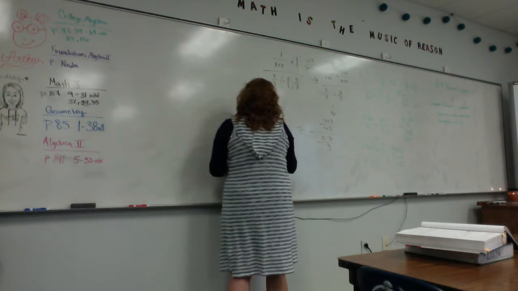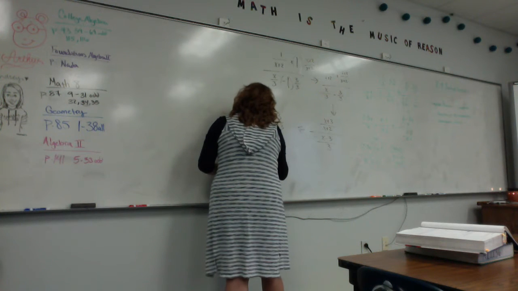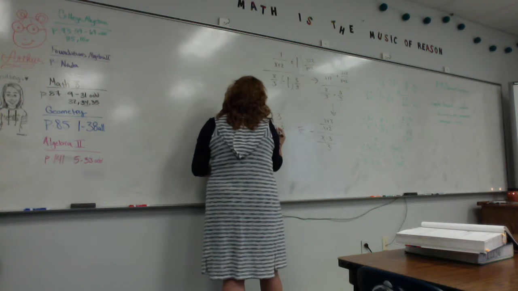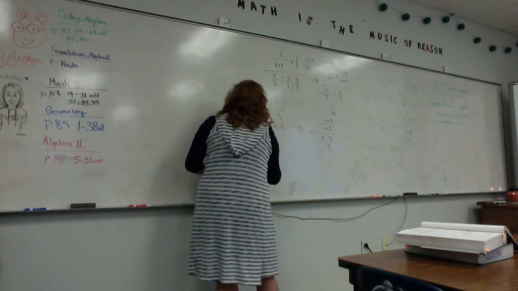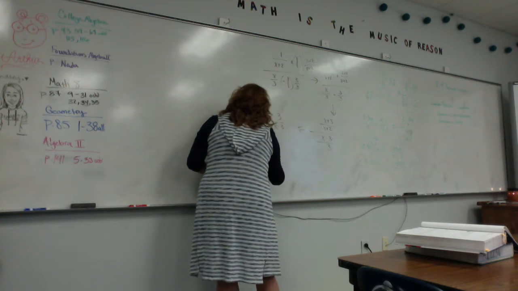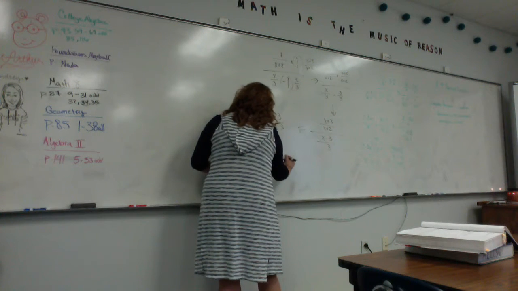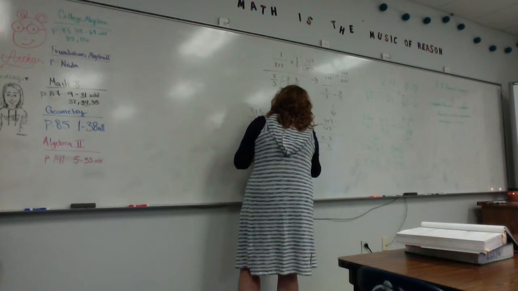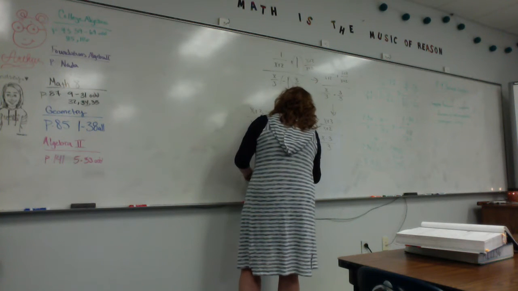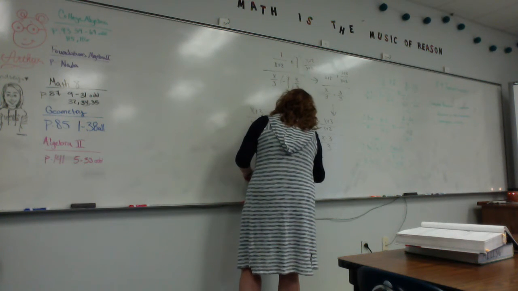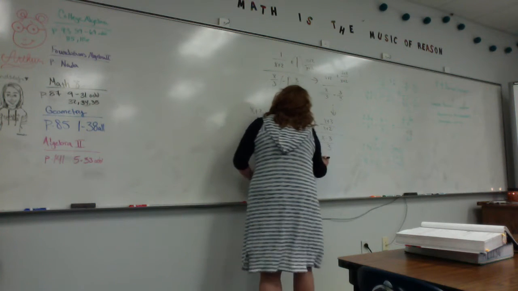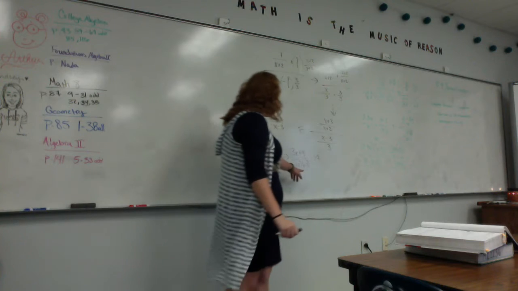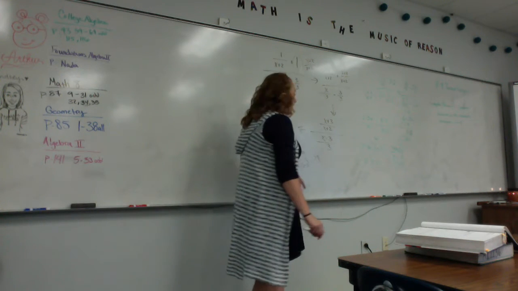So you end up getting x plus 3 times 3, which would be 3x plus 9, over x plus 2 times x minus 3. What can x not equal? 3 and negative 2.